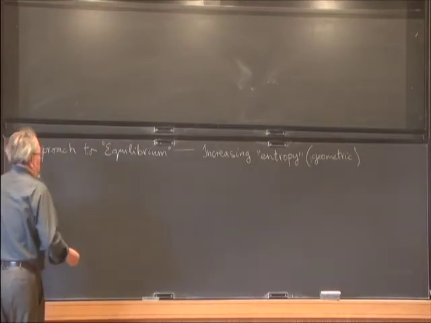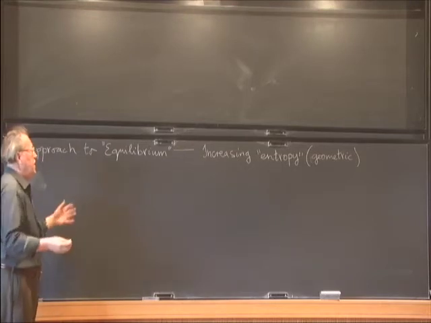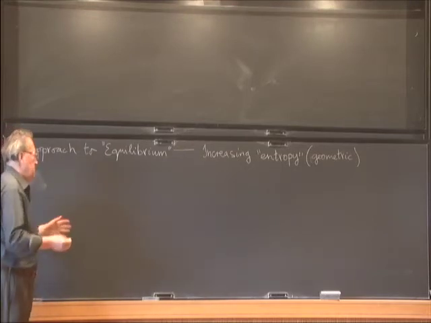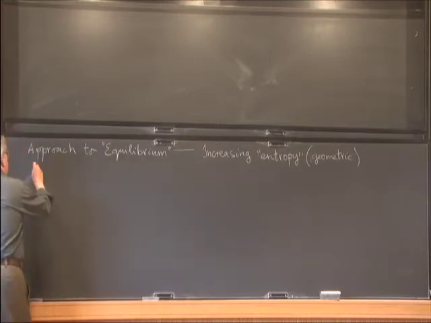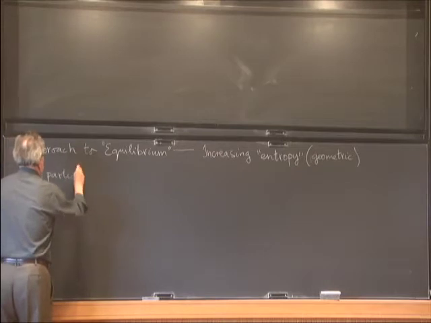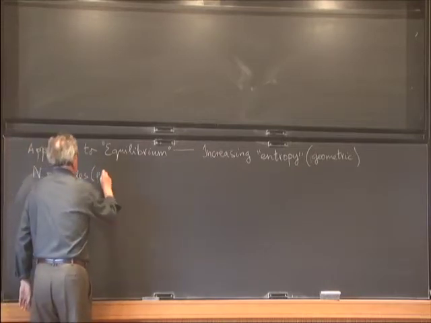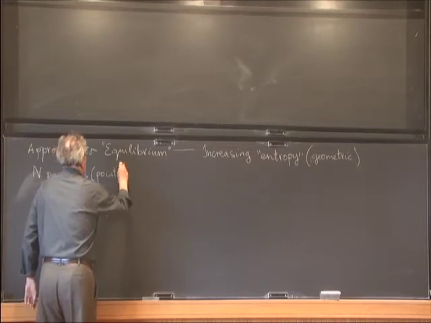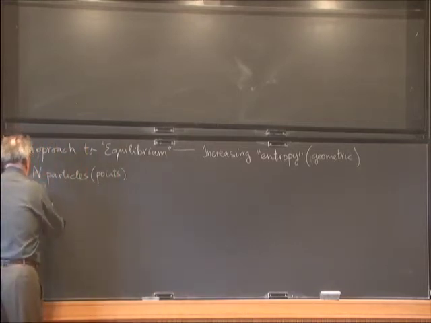So what is the model? The model is a very simple model: we have a huge number of particles. I just represent them as points, and they are inside of a box, a cube.